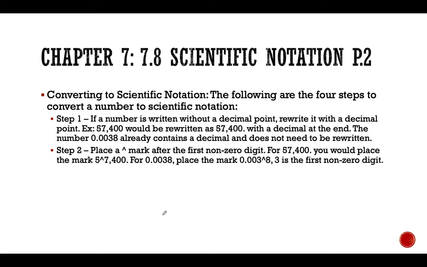The following are the 4 steps to convert a number to scientific notation. If a number is written without a decimal point, rewrite it with a decimal point. For 57,400, you would put the decimal at the end. The number 0.0038 already has a decimal, so you wouldn't have to do anything with that.